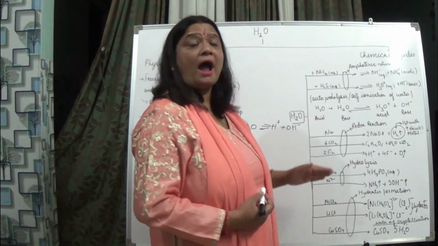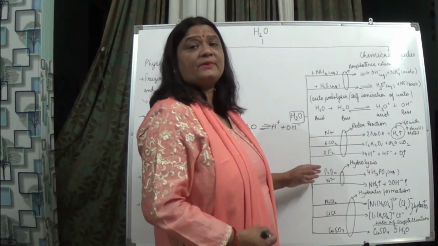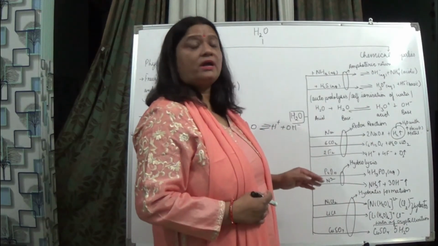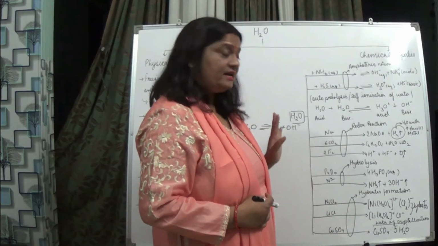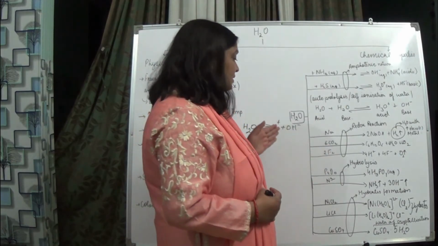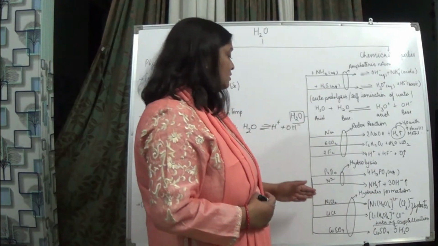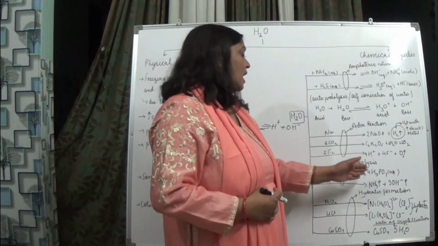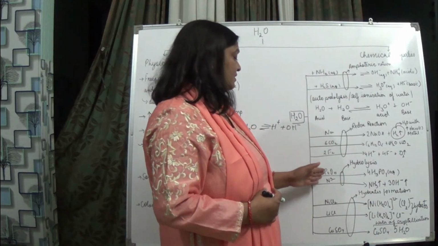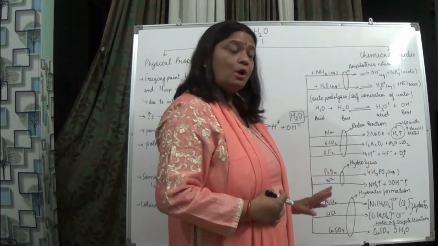Now coming to hydrolysis reactions. In a hydrolysis reaction, the water breaks up and reacts with the substance with which it is reacting. Like with P4O10, it reacts to form H3PO4. Here the H+ ions of water combine with P4O10, naturally forming H3PO4.